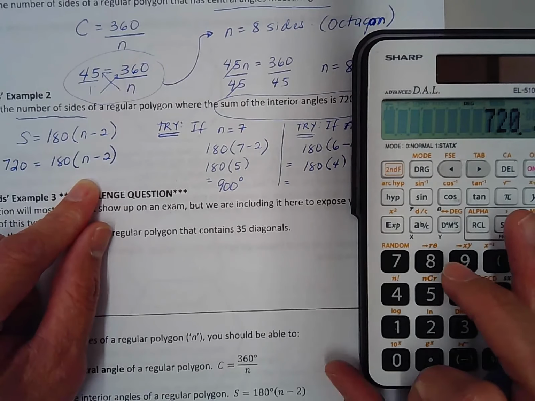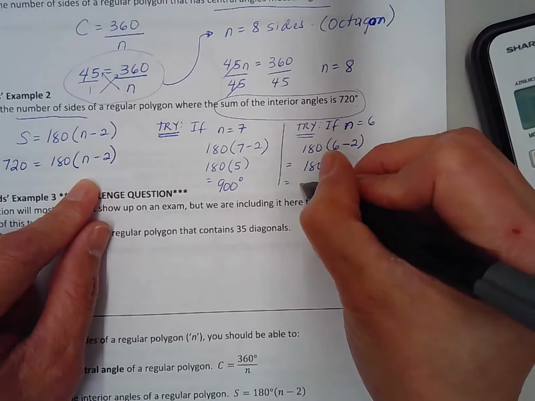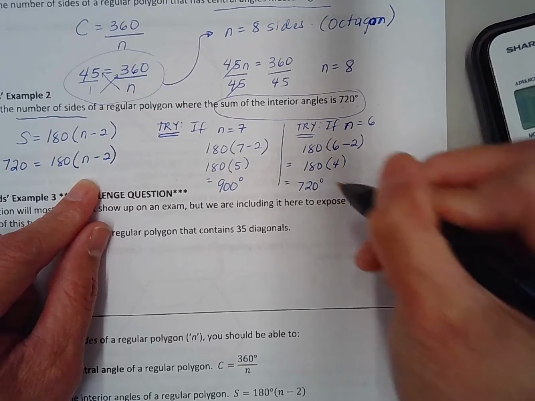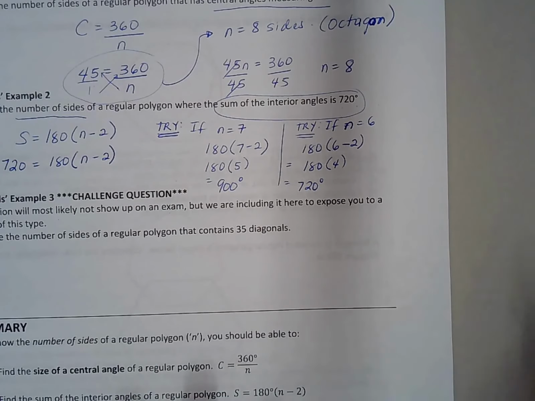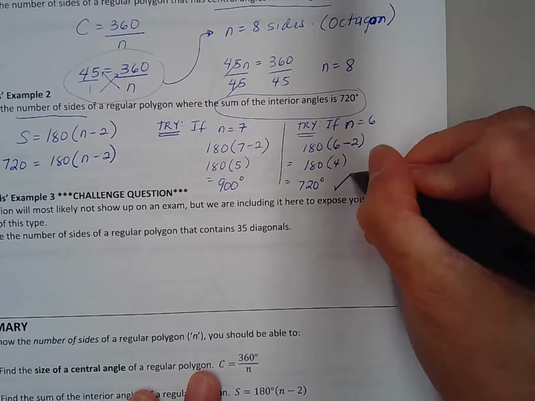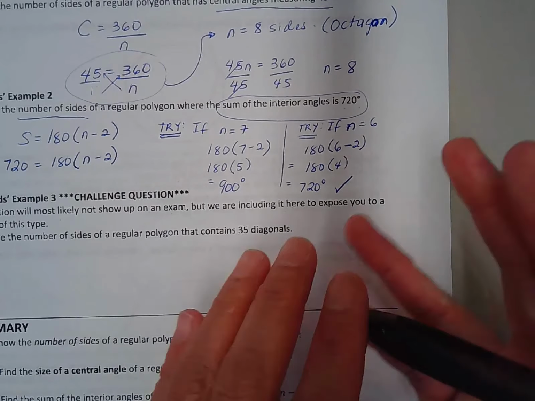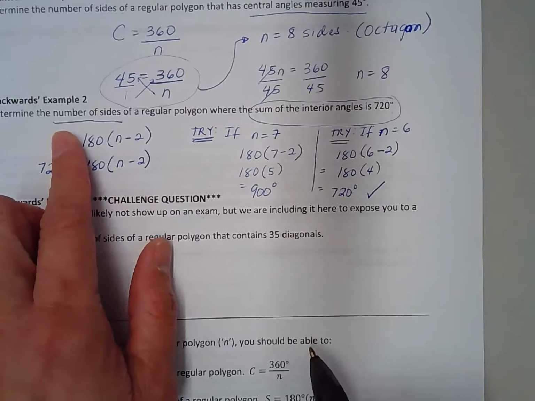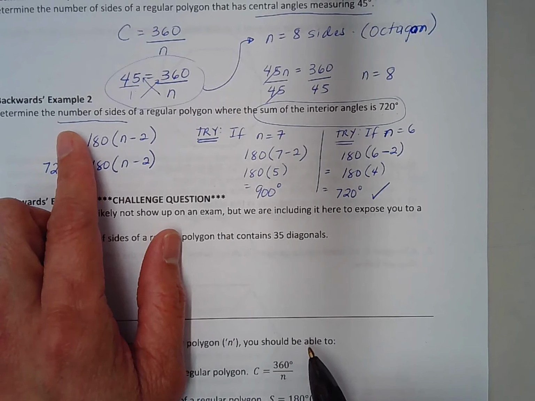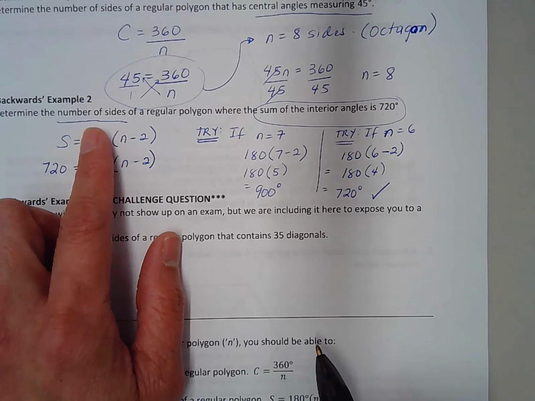Oh, there it is, 720. Okay, so 720. Now I got it. But we have to write down our final answer. How many sides does it have?